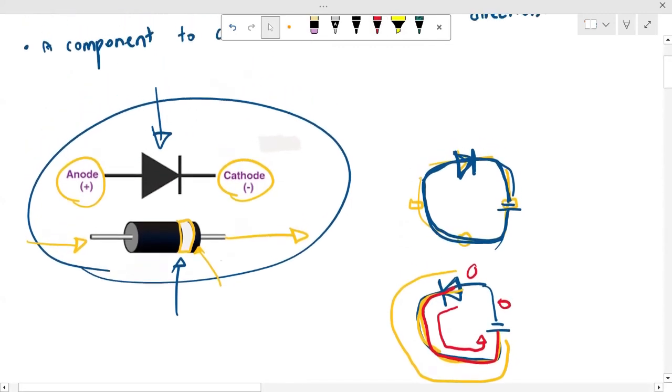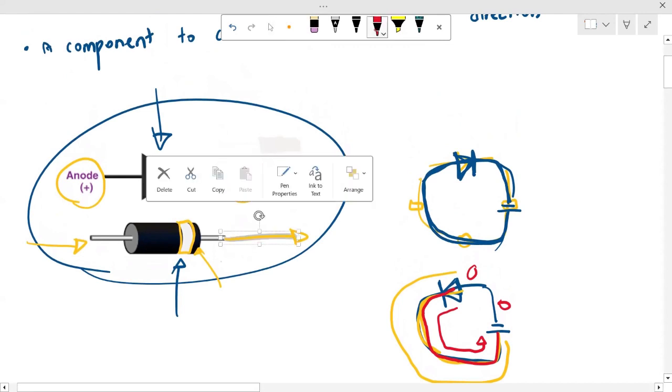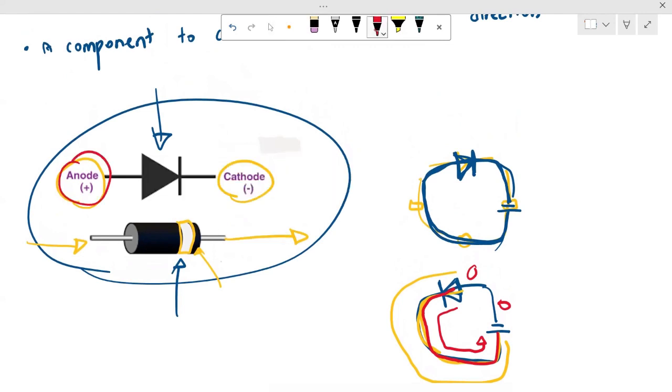So now you should have a basic understanding of how a diode works. It enters through the anode and then it leaves through the cathode. Likewise, in this scenario, the cathode is the one with the white labeling here. So this is the anode and this side is the cathode. So the current goes through like this.